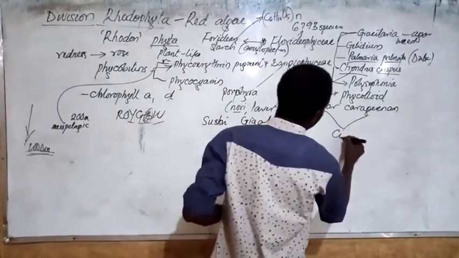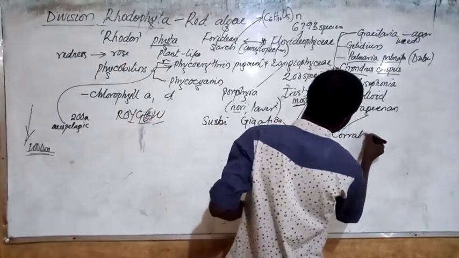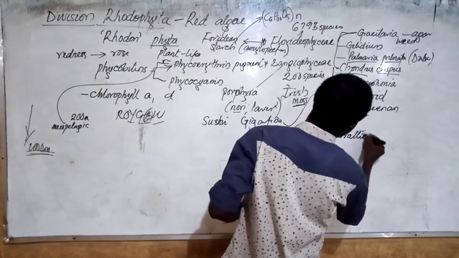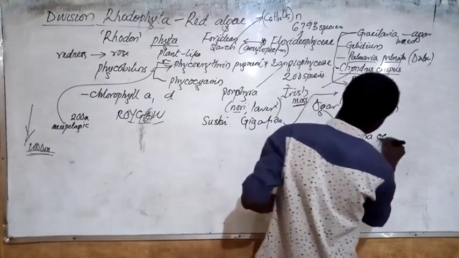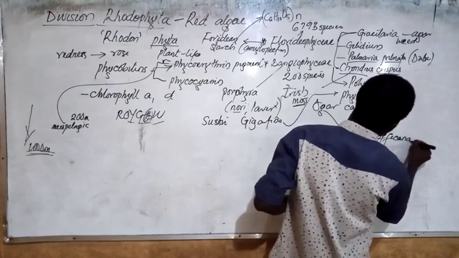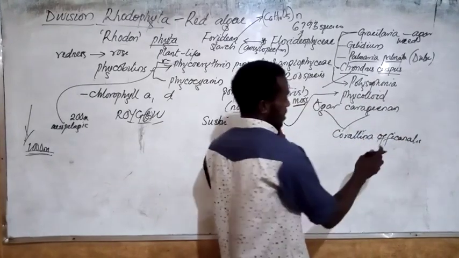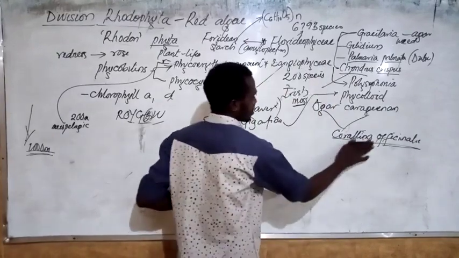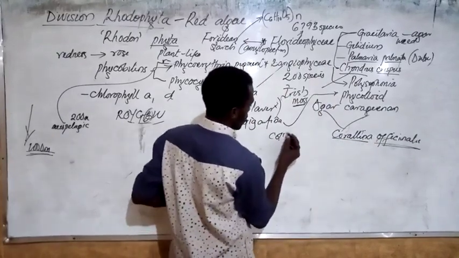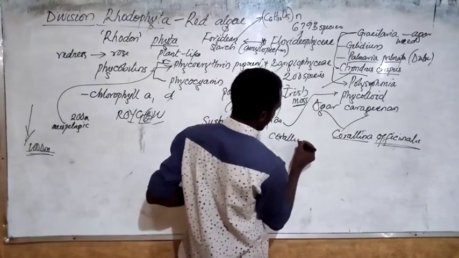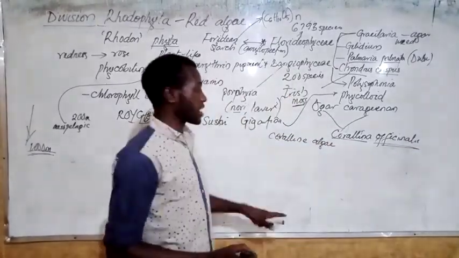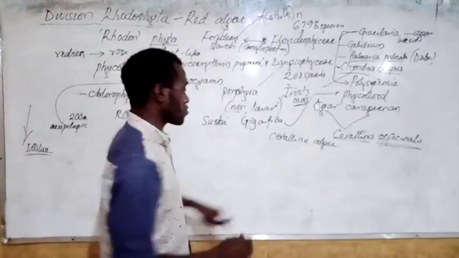the Rhodophyta, is the Corallina officinalis. Alright, this is basically called the coralline algae. And of course, from the name, you know what it is functioning as. The coralline algae is an algae that is found in the coral reef.